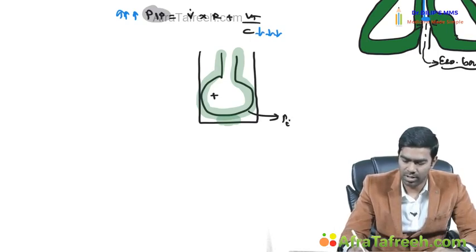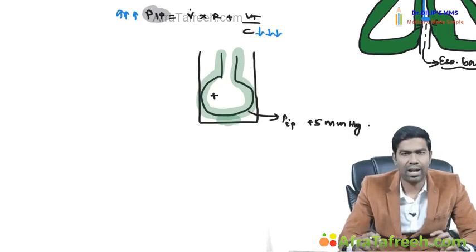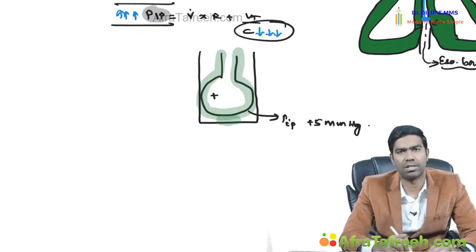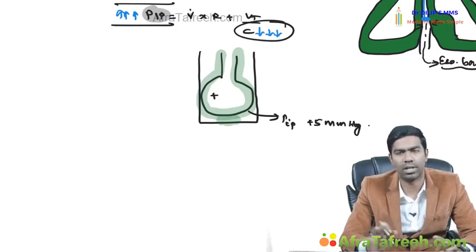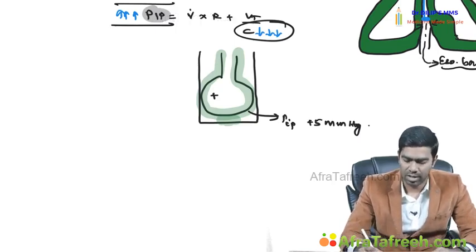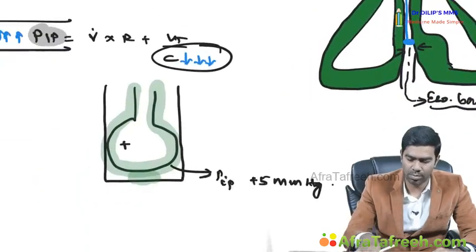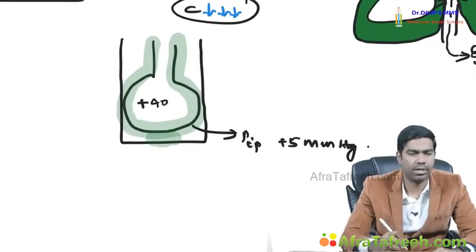So intrapleural pressure, let us put only plus 5 millimeters of mercury. Now if your alveoli is non-compliant, or if the lung is non-compliant, the distension pressures and the peak pressures and all the pressures are going to increase dramatically. And because of that, instead of plus 20 like here, it's going to be plus 40 millimeters of mercury.